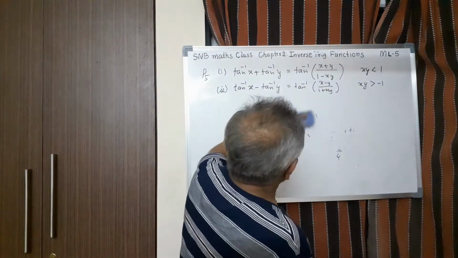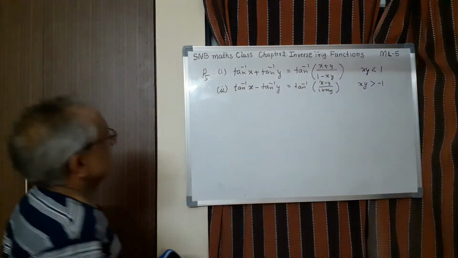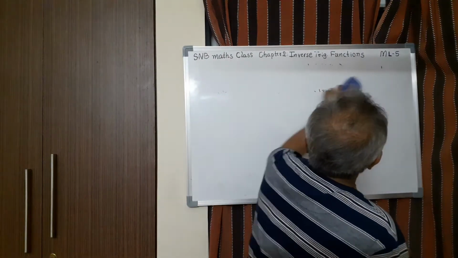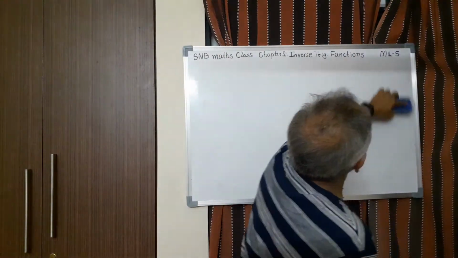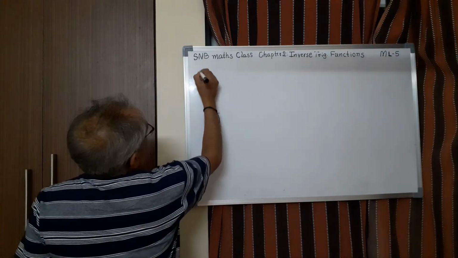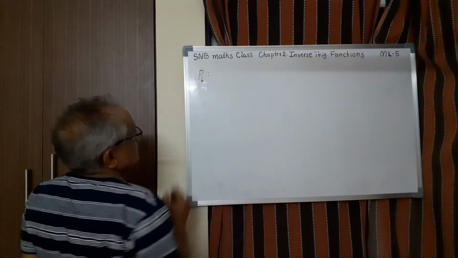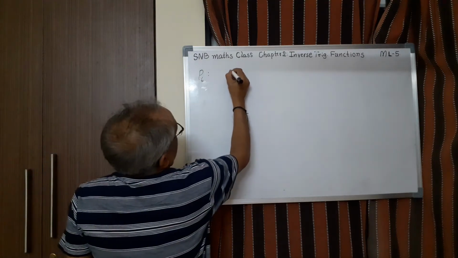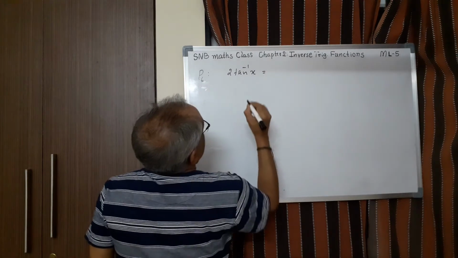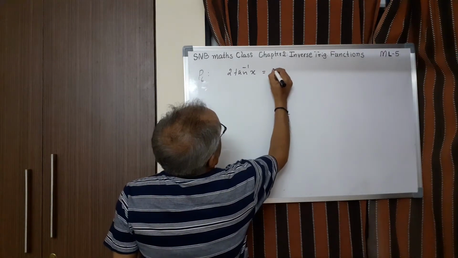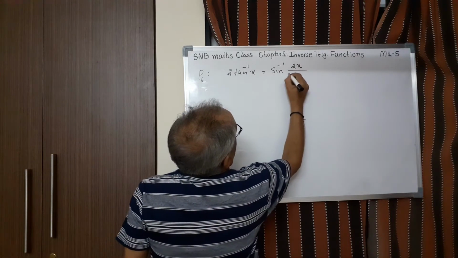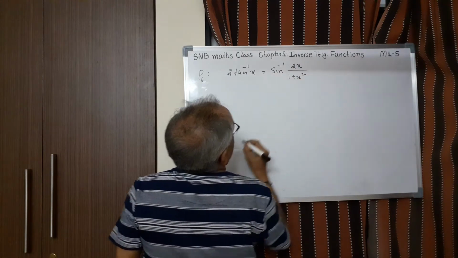So this is P5, the fifth property, and the sixth property is the last property. Let us prove those things also. P6: 2 tan inverse x will be equal to sine inverse 2x by 1 plus x square.